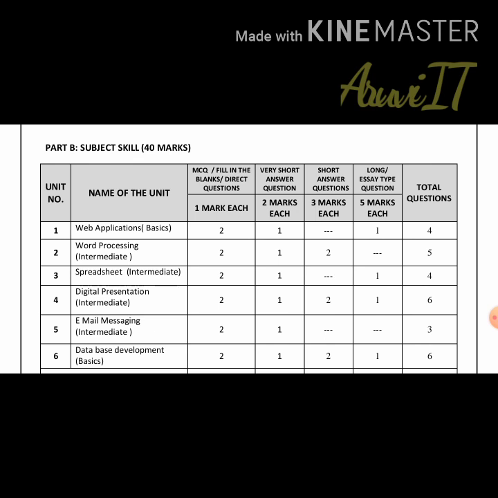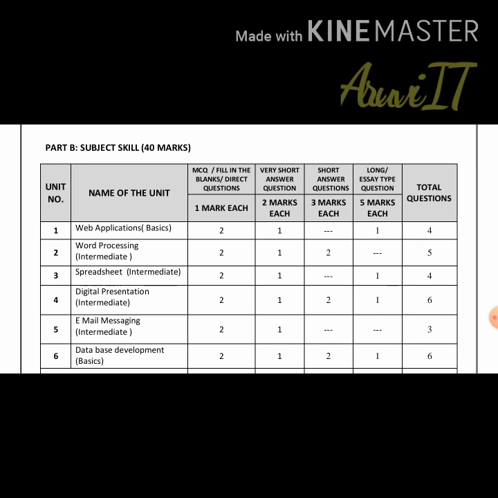And the next one, the second unit, that is the word processing unit. In that unit they will ask 2 1 mark questions, 1 2 mark question, and 2 3 mark questions, and there is no hard question here. So totally 5 questions they will ask in word processing.